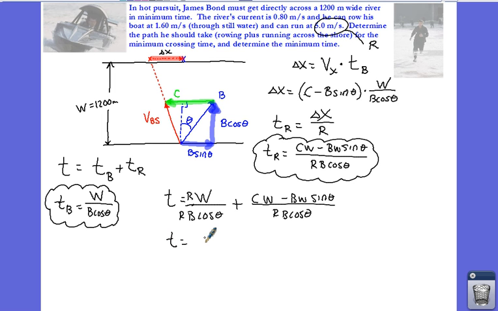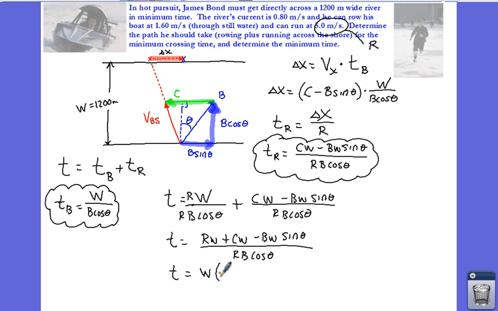T would be equal to RW plus CW minus BW sine theta all over RB cosine theta. And just for grins, I'm going to pull out a common W, since W is common in each of those terms.